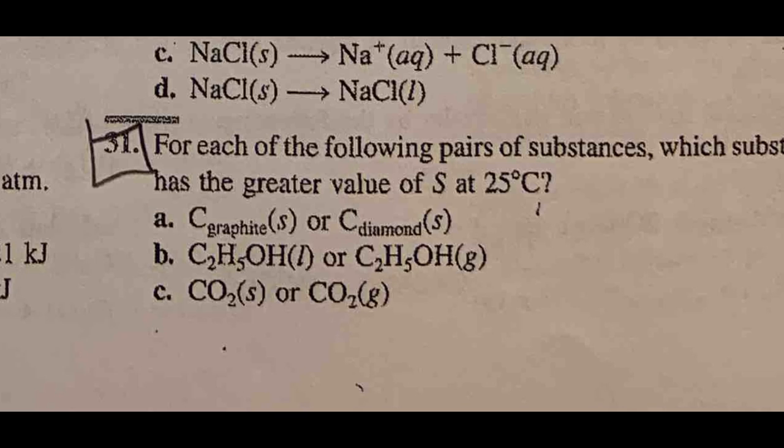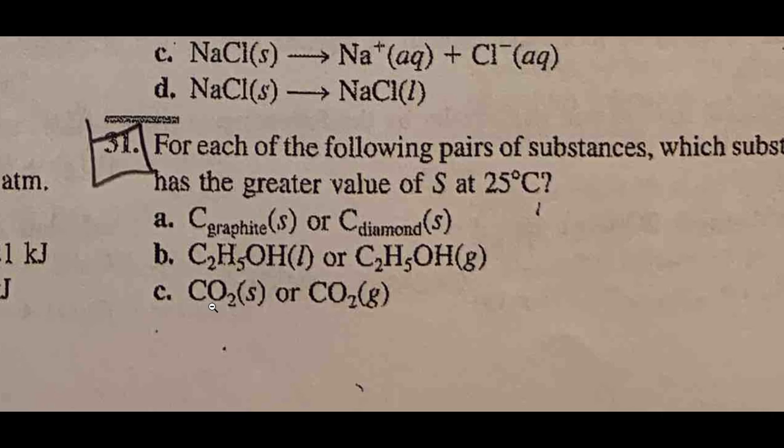the ethanol liquid. And this is solidified CO2. Solidified CO2 is dry ice, and it's a solid. Solids cannot expand to fill containers. They have much fewer positions, and they're more structured and more ordered than gases. Solids are below liquids in the entropy scale, so it goes from bottom to top: solid, liquid, gas.